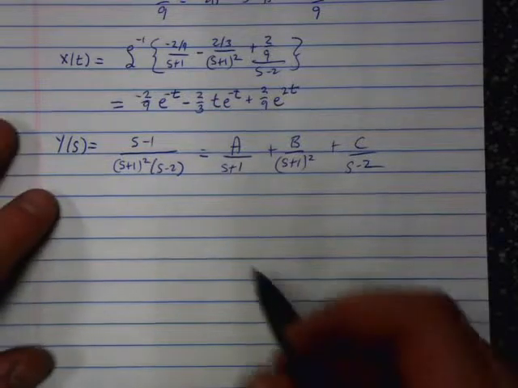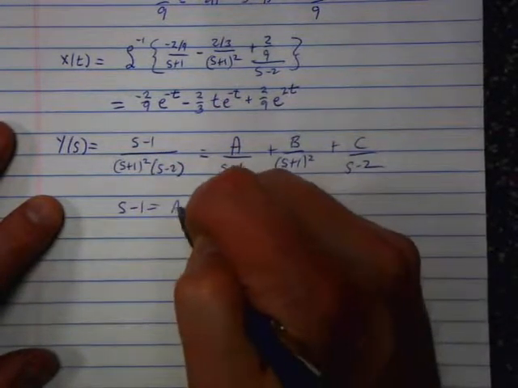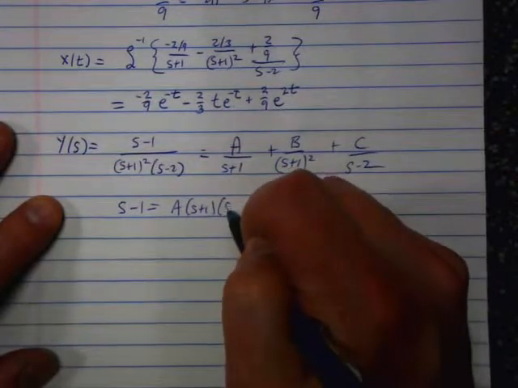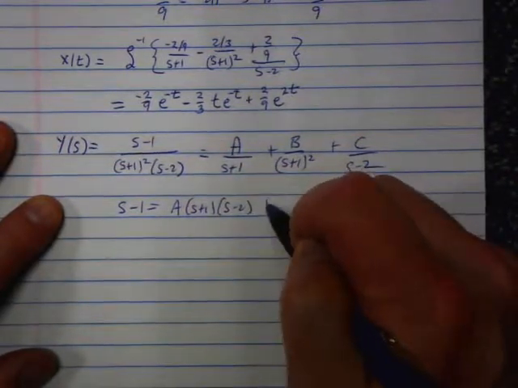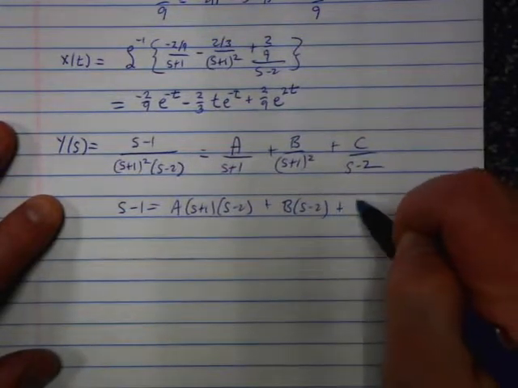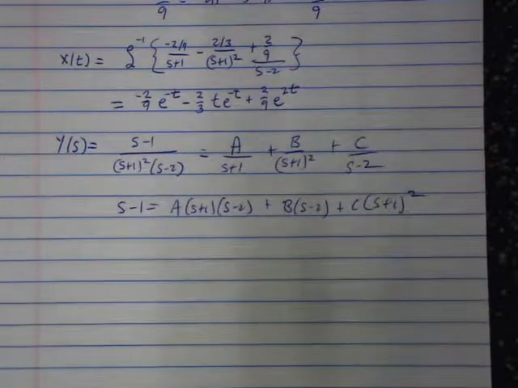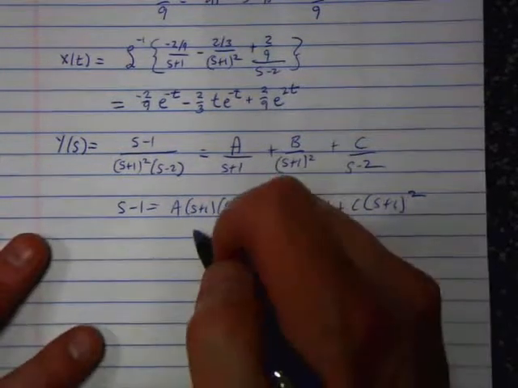Wipe out the fractions again. S minus 1 is a times s plus 1 times s minus 2 plus b times s minus 2 plus c times s plus 1 squared.